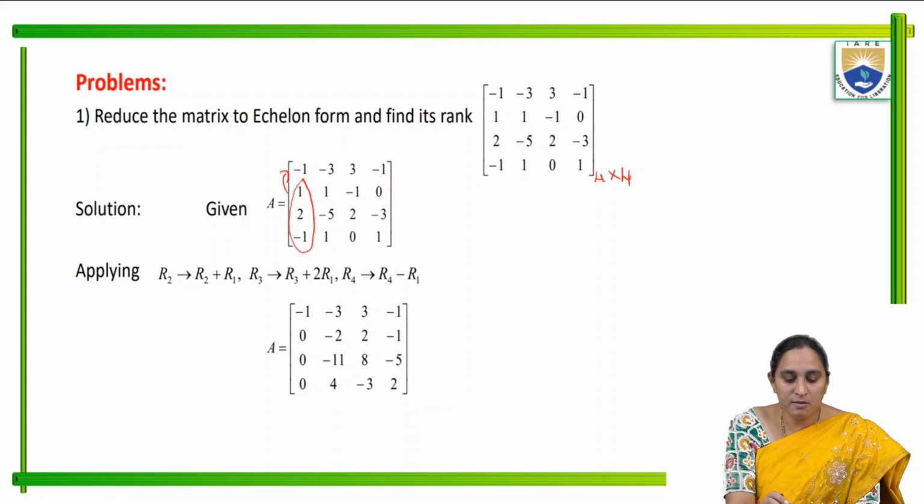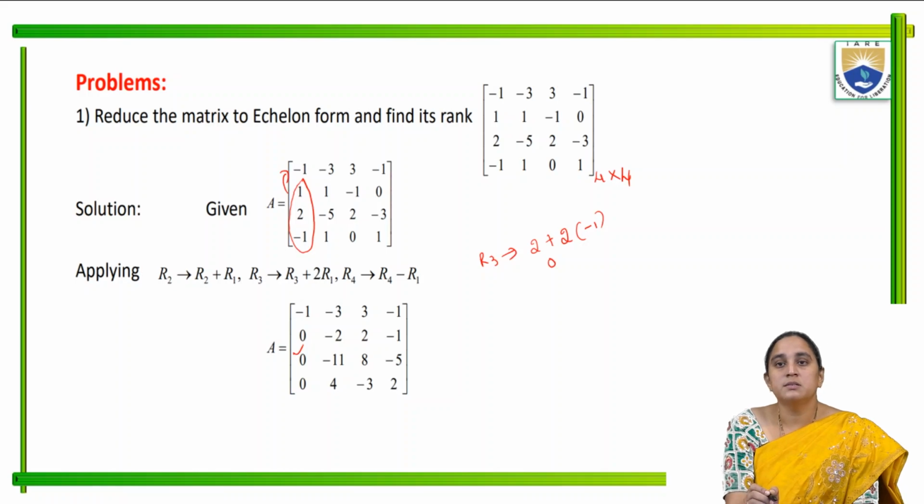For that case, I am using the row operation R3 → R3 + 2R1. R1 first element is -1. That is, R3 first element 2 plus 2 times -1, this is equal to 0.